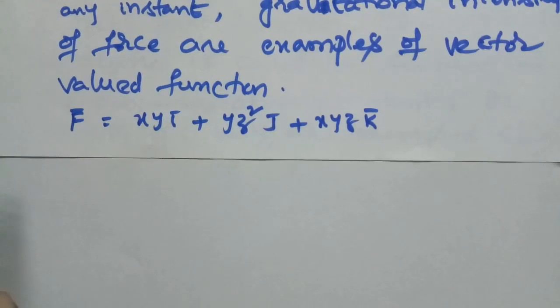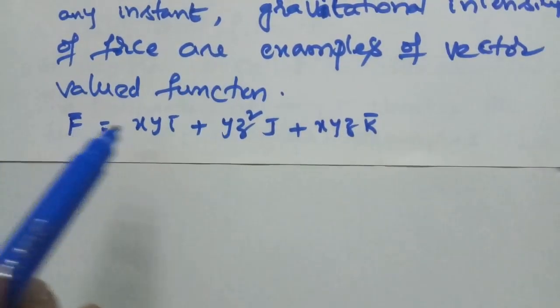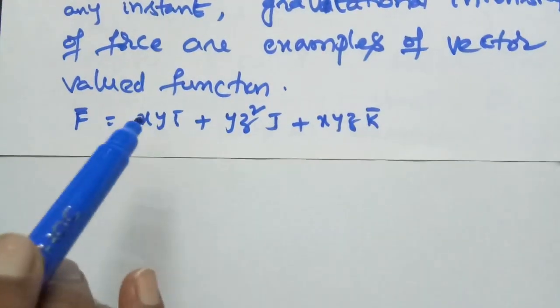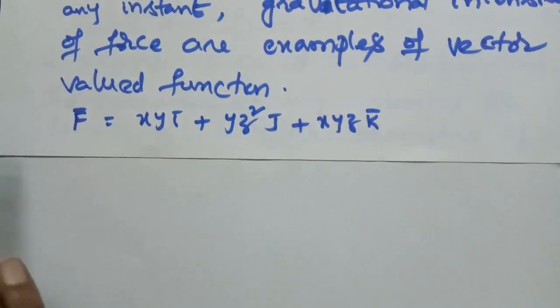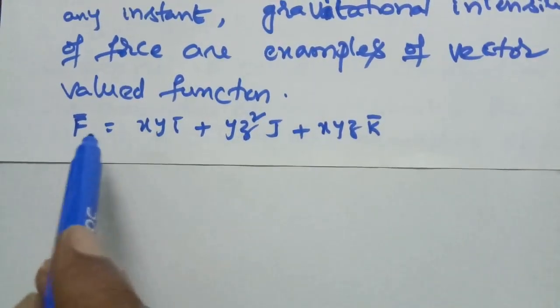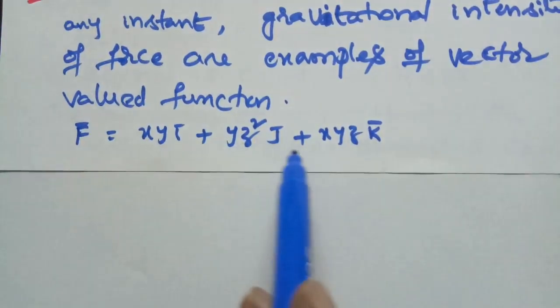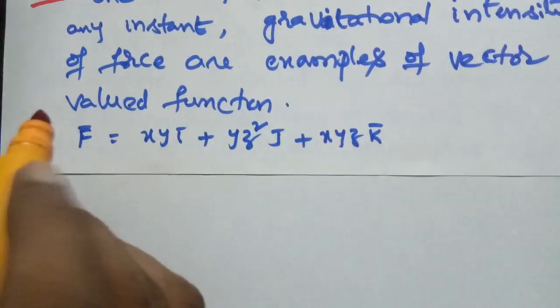That means for a point there corresponds one vector. Therefore it is called a vector valued function. In the domain we have some function, and now the image is a vector, so it is a vector valued function. This is one example.